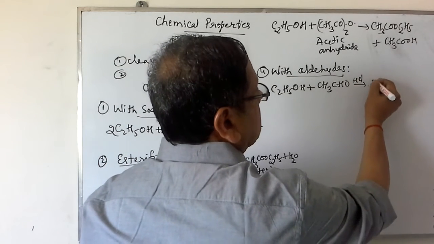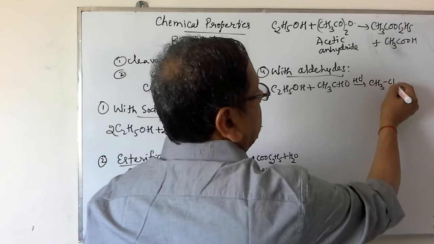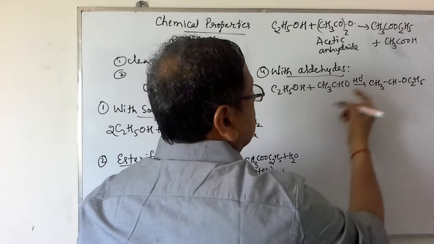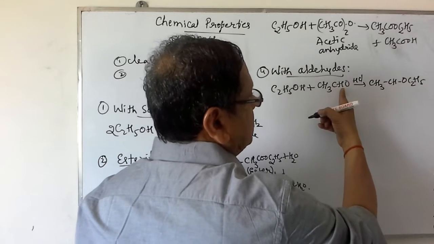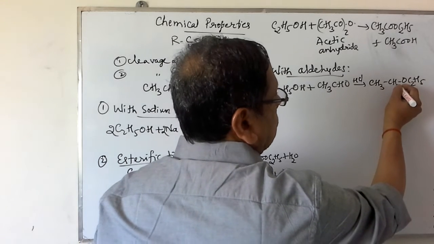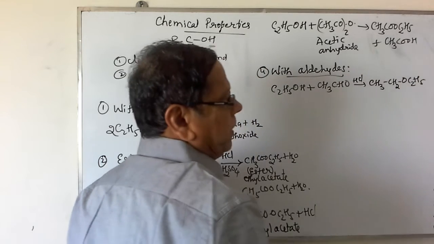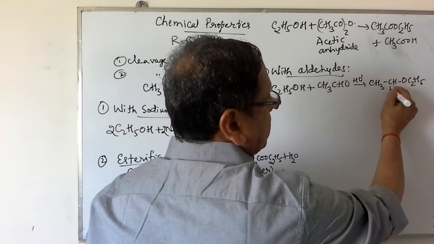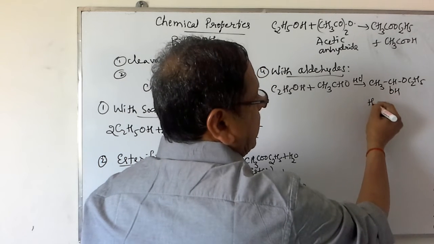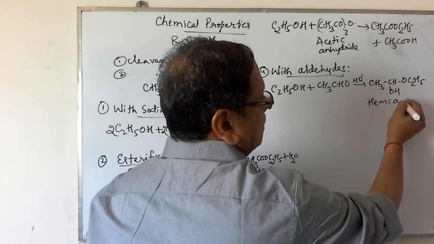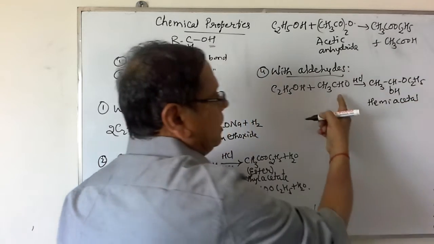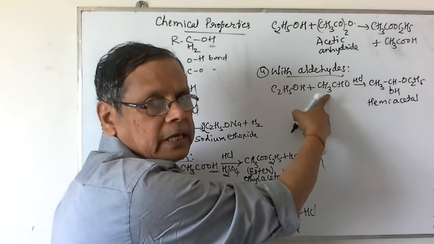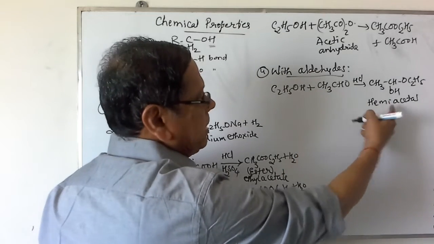It gives rise to CH3CH(OH)OC2H5. This is called a hemiacetal. Addition of an ethyl alcohol molecule to the carbon-oxygen double bond of the acetaldehyde gives rise to this hemiacetal.